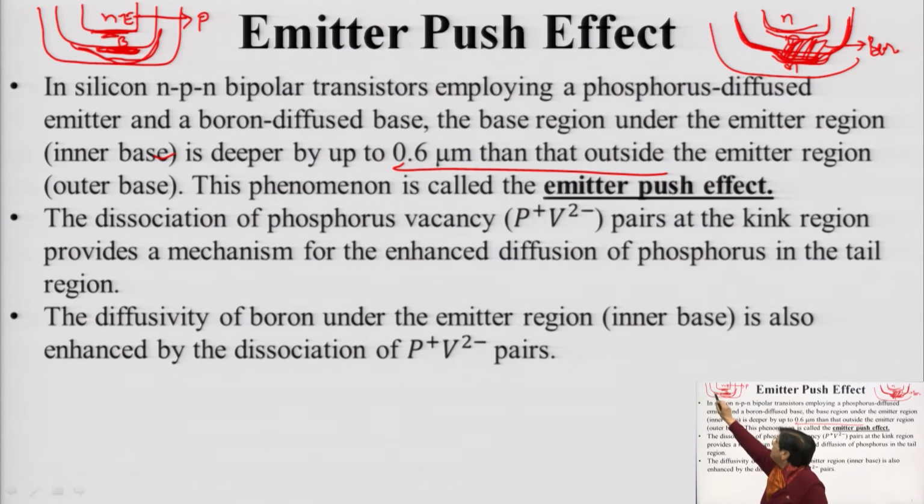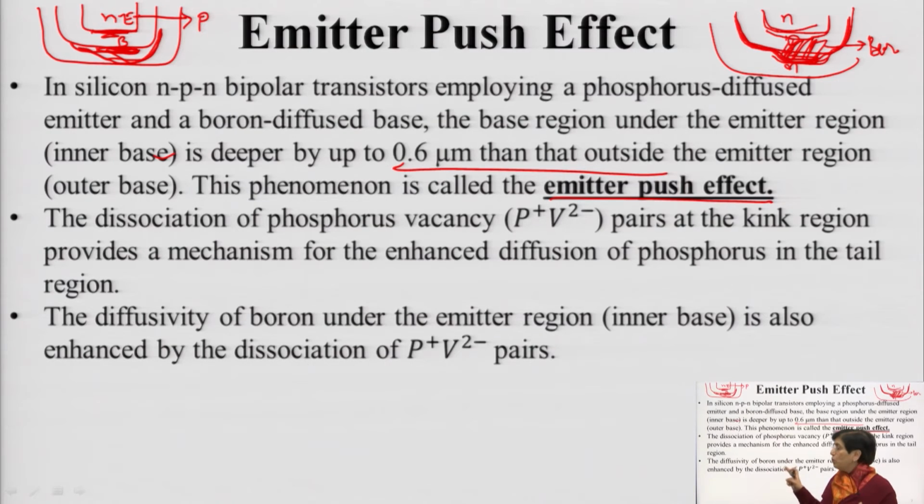So, below the emitter the boron diffusion profile also alters, and that is called the emitter push effect. Since below the emitter the boron profile is changing, we call it the emitter push effect. The diffusivity of boron under the emitter region is also enhanced because of the dissociation.